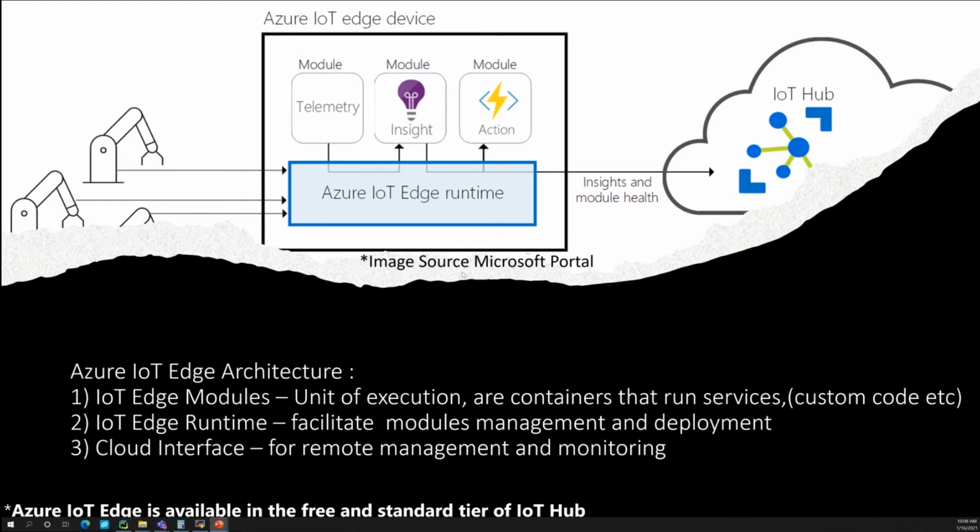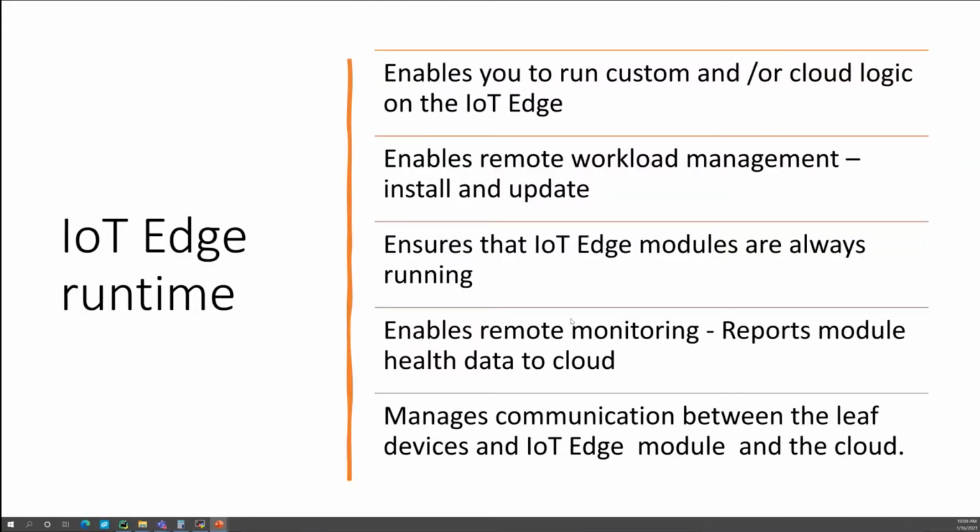It also has an IoT Edge runtime management component that ensures the services are running, and any updates that need to be made, it does for you in the background. So these are the benefits of the IoT Edge runtime.